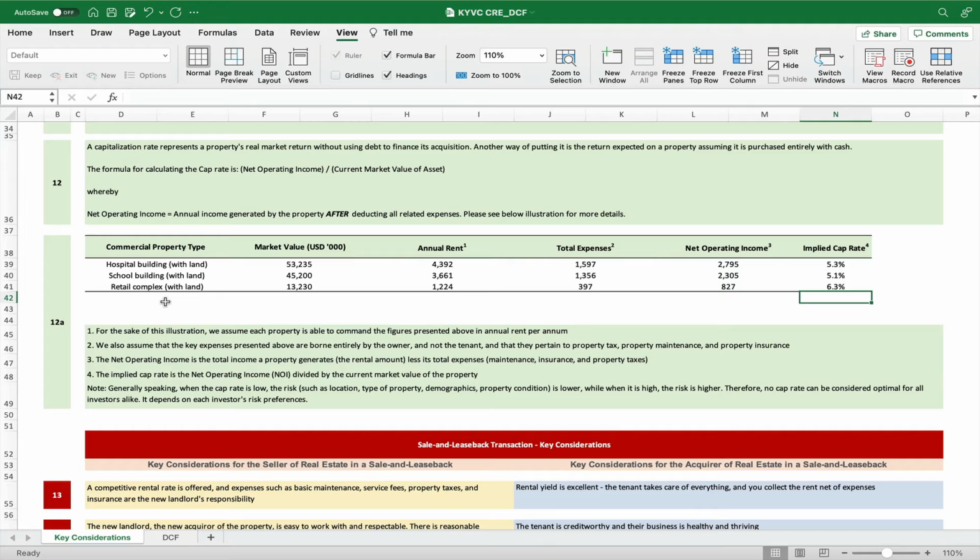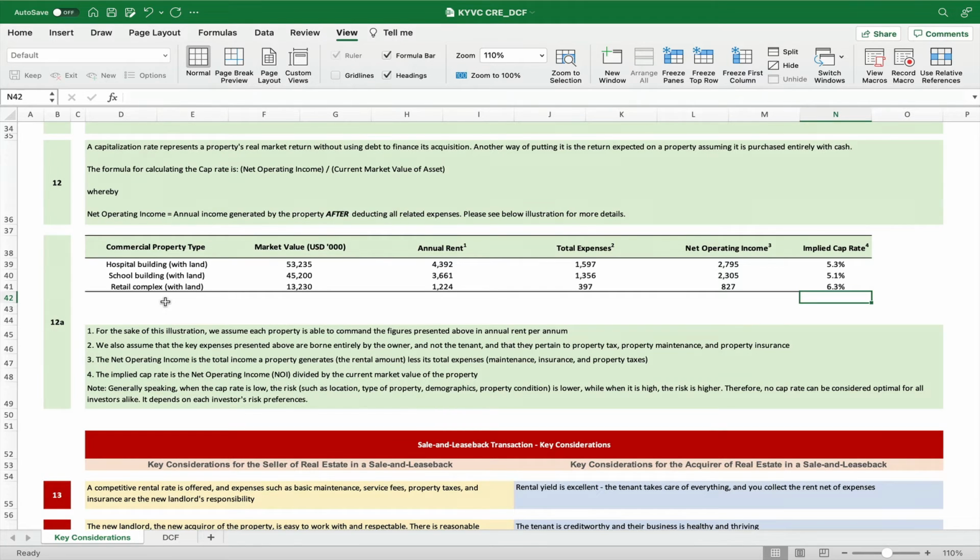Risk could be related to location, the type of property, demographics, property condition, the catchment area itself, whether it's a growing, bustling location or an area that is losing residents. So it really depends. But the key idea here is that there is no cap rate that is considered optimal for all investors alike. It really depends on each investor's risk preferences.